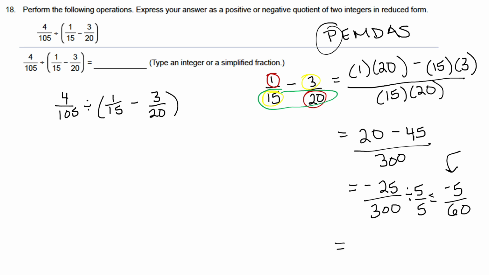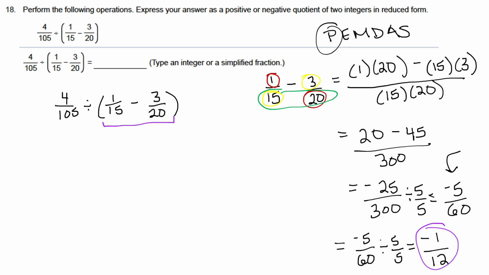Those numbers are still divisible by 5, so I'm going to reduce it one more time, divide the top and bottom by 5. So negative 5 divided by 5 is a negative 1, and then 60 divided by 5 is 12. So my simplified fraction is negative 1/12. And that's the answer to this subtraction problem.